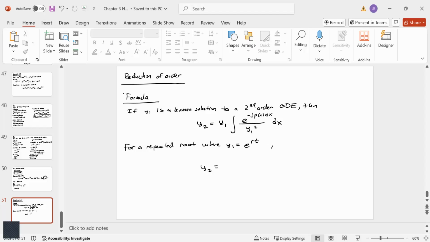Then y2 is e to the rt times the integral of e to the negative, and for us it's going to be negative 2, over e to the rt squared.